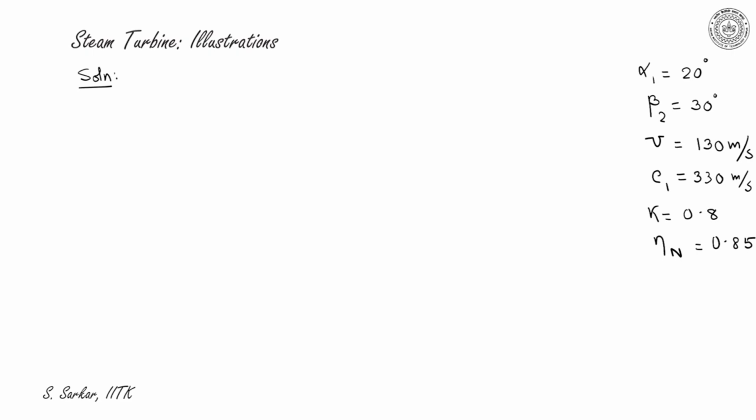First I'll draw the inlet velocity triangle and then I'll superimpose on it the exit velocity triangle as before. So this is U, blade speed, W1, and this is C1.